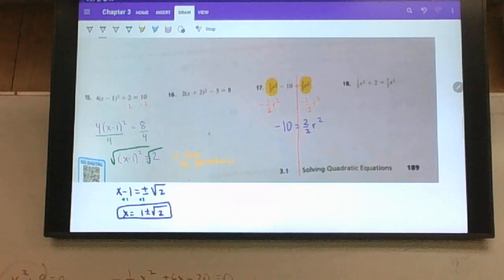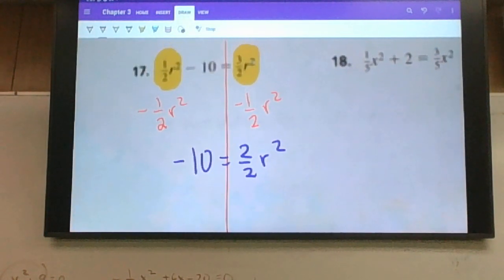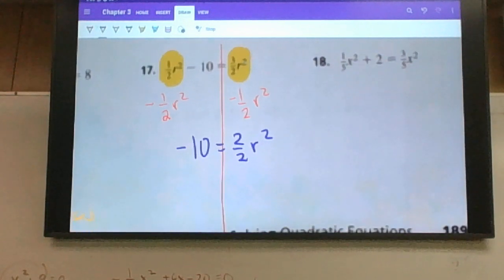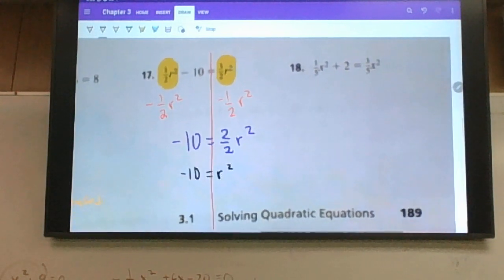You just subtract those. If you have a common denominator, you just subtract the numerators. And so that's just going to be -10 equals r squared. And I will square root both sides. And then I will stop. And I will get no real solution.